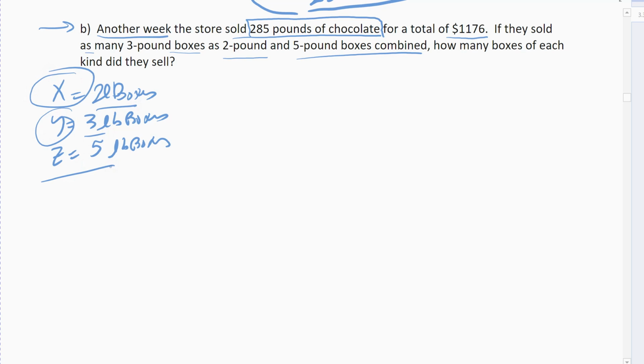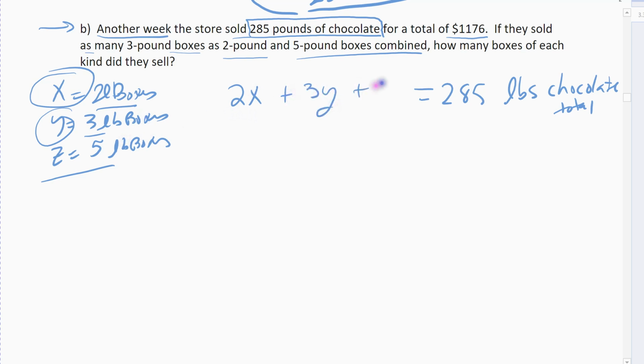So this time I've got to deal with my pounds of chocolate, right? 285 pounds of chocolate total. All right, not boxes. And so when I sell X, I sell 2 pounds of chocolate, when I sell Y, I sell 3 pounds of chocolate, and when I sell Z, I sell 5 pounds of chocolate.